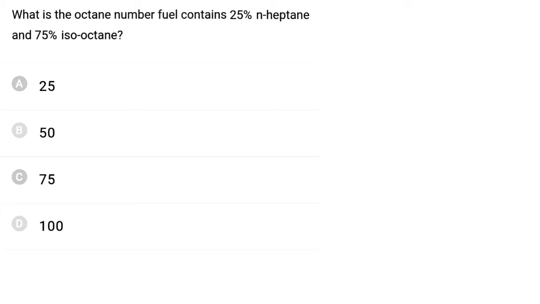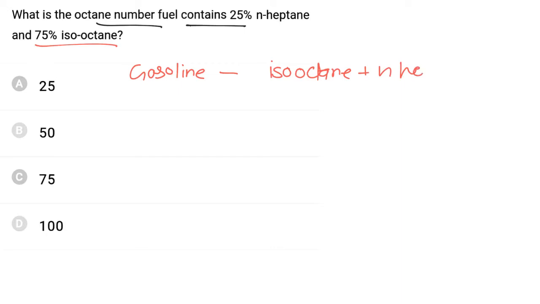In this question, we have to find the octane number of a fuel that contains 25% normal heptane and 75% isooctane. Normally gasoline is a mixture of isooctane and normal heptane.